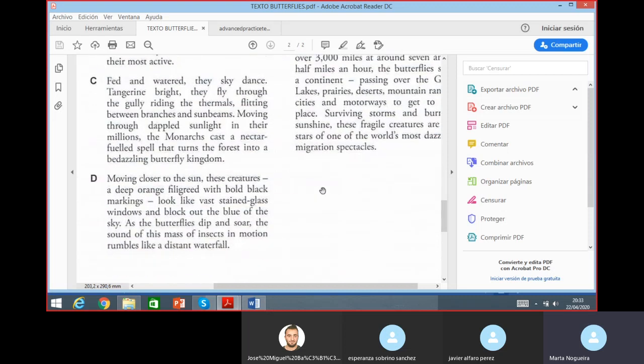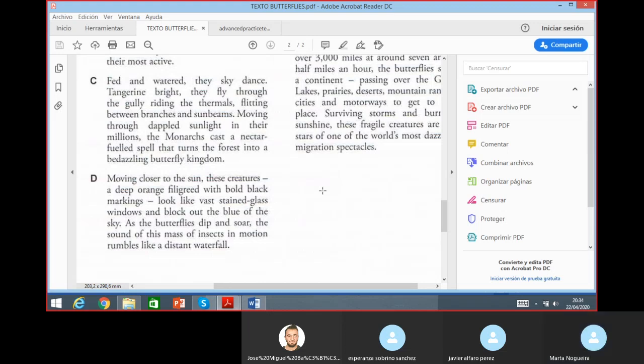Letter C. Fed and watered, they sky dance. Vale, esta frase, por si no la entendéis. Habiendo comido y bebido, habiendo sido alimentadas y habiendo bebido, they sky dance, bailan en el cielo.